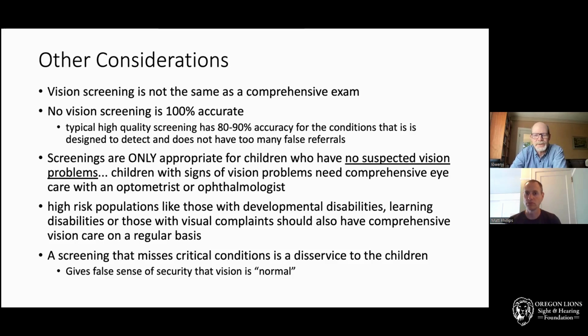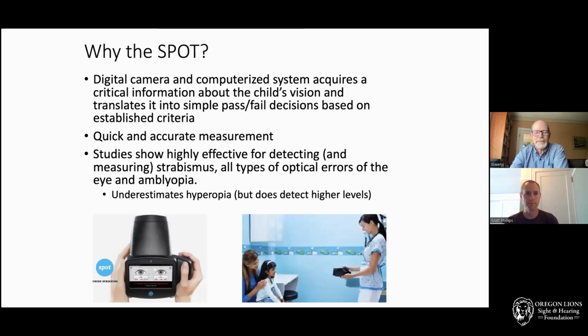That does a disservice to the kids. So in the screening environment, even if a kid might pass the Spot, if they say my eye really hurts, or they're having problems of any kind, they should just get a comprehensive eye exam.